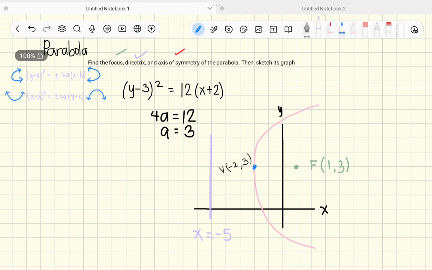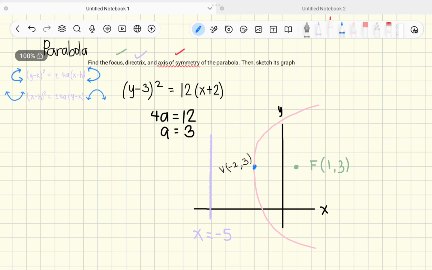So here, your parabola has the vertex at (−2, 3), focus at (1, 3), and directrix x = −5. Now, here's a new thing, which is different from parabolas having vertex at the origin. Where will be your axis of symmetry?